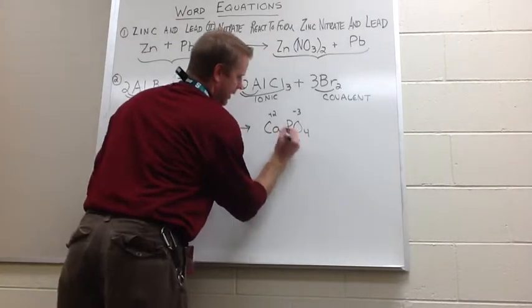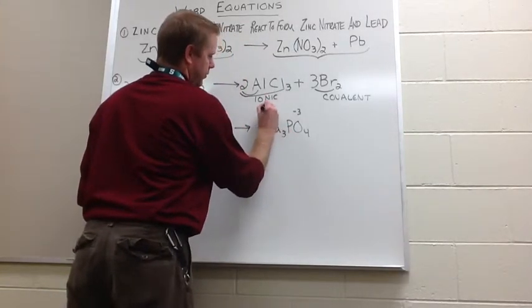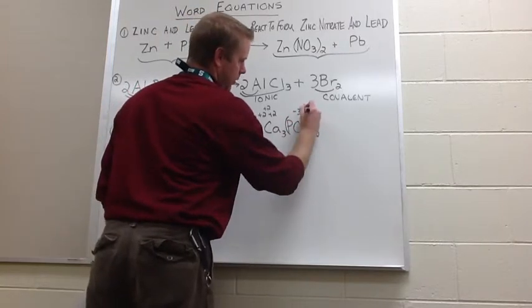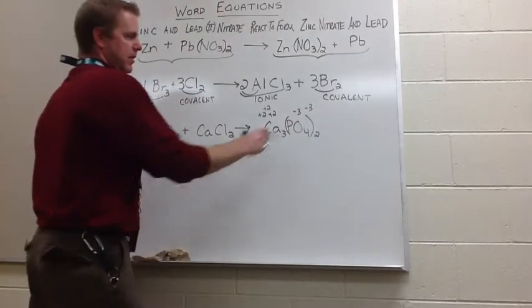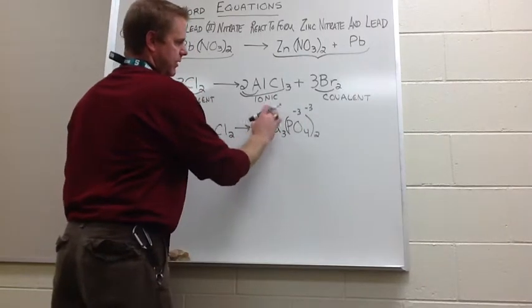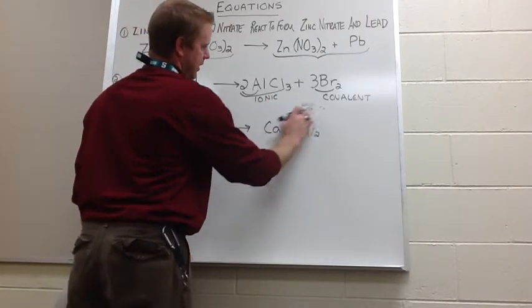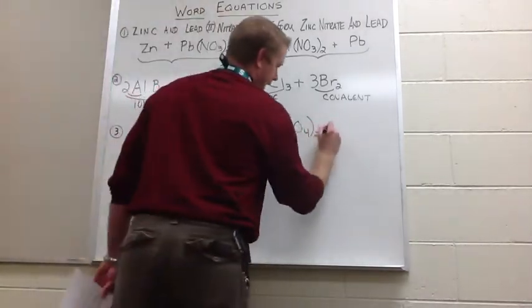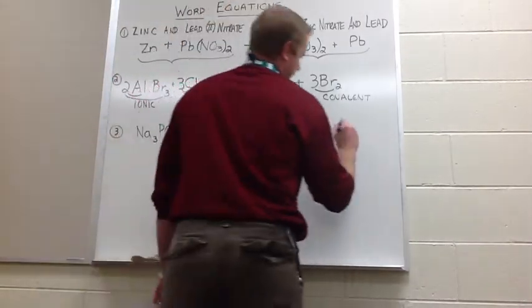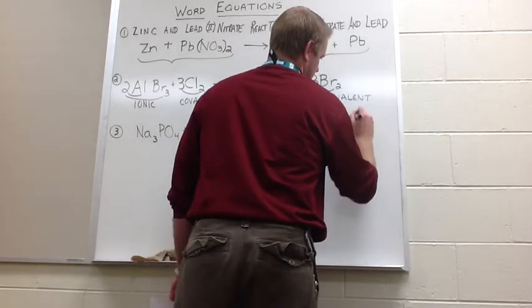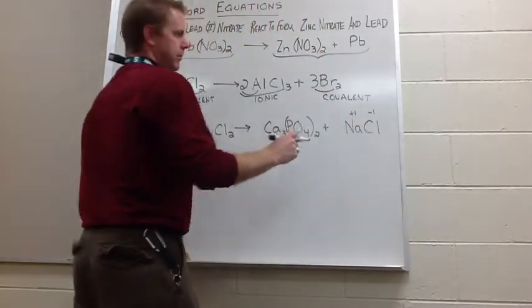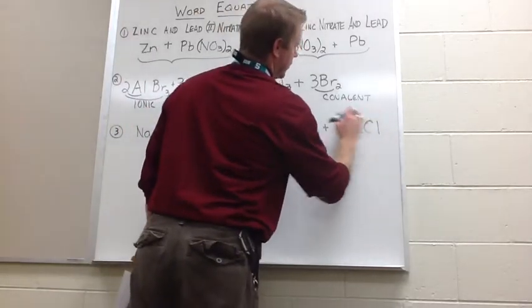So we need 3 calciums +2, +2, +2 for the 2 -3 phosphates. -6, +6, and they cancel. That's how you properly write the formula for calcium phosphate. And sodium chloride. Well, Na +1, Cl -1. You get rid of your charges just to be thorough.